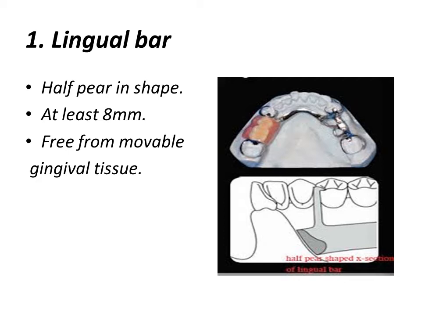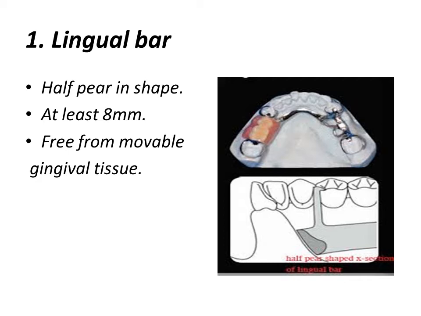So, the major connector should be designed, each type, to be free of movable gingival tissue superiorly and free of moving floor of the mouth. ما يتعارض ويا حركة الtongue.